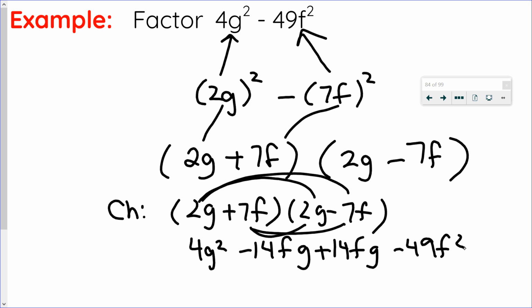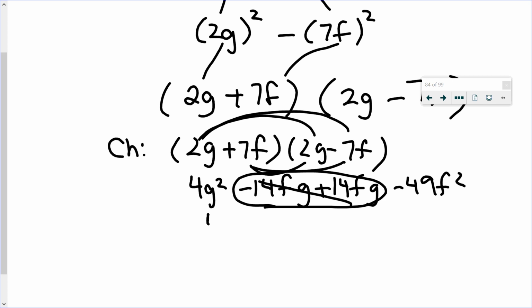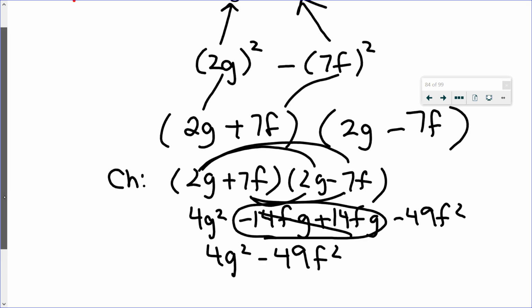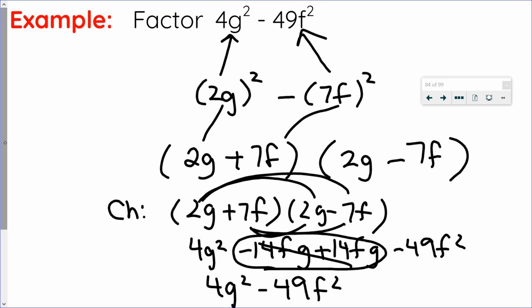So you can see my middle terms again are gone. They cancel, and all I'm left with is 4g squared minus 49f squared, which is what I ended up starting with. Okay, so I know that that has factored correctly.